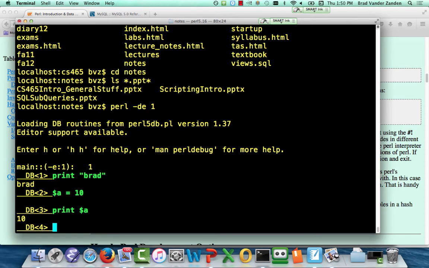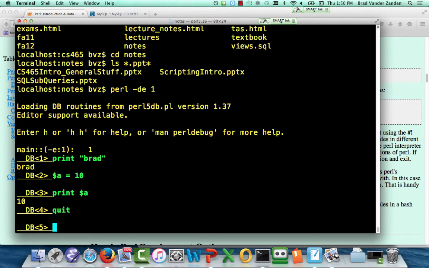It's not like Python. Python was designed so that you could work with the command line interpreter and get stuff done with it. Perl wasn't really designed with that in mind. That's more for debugging.